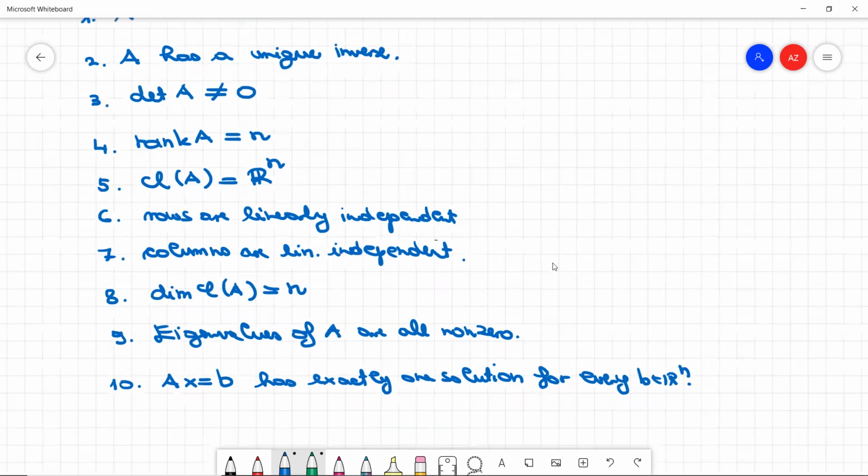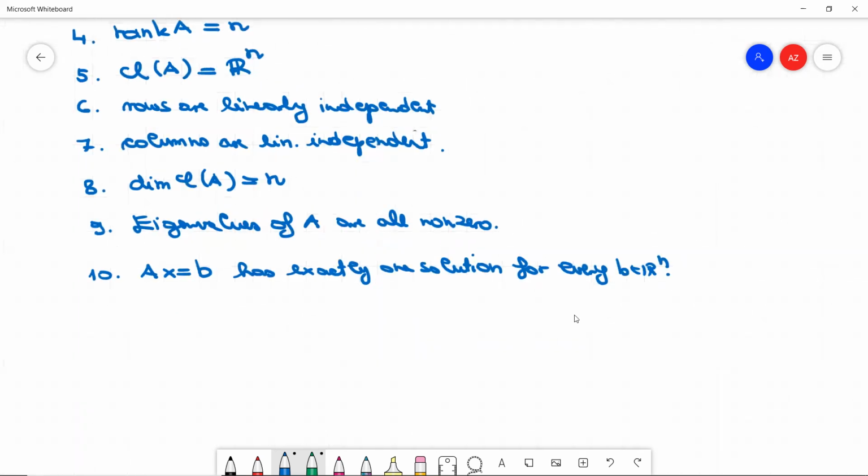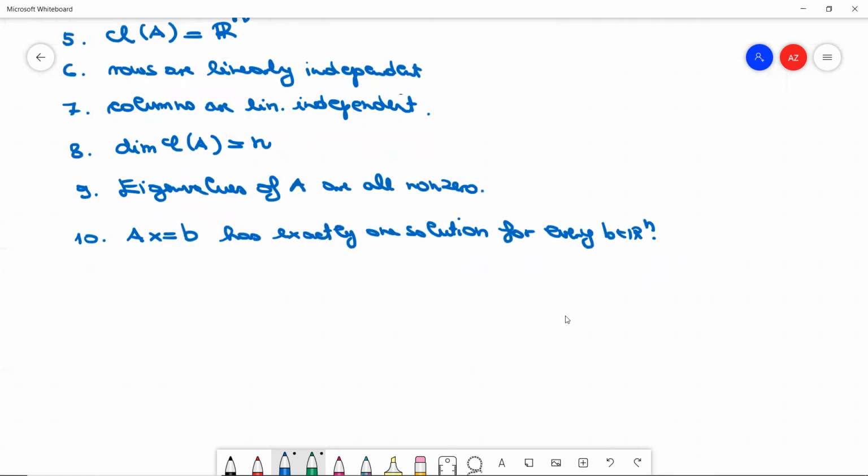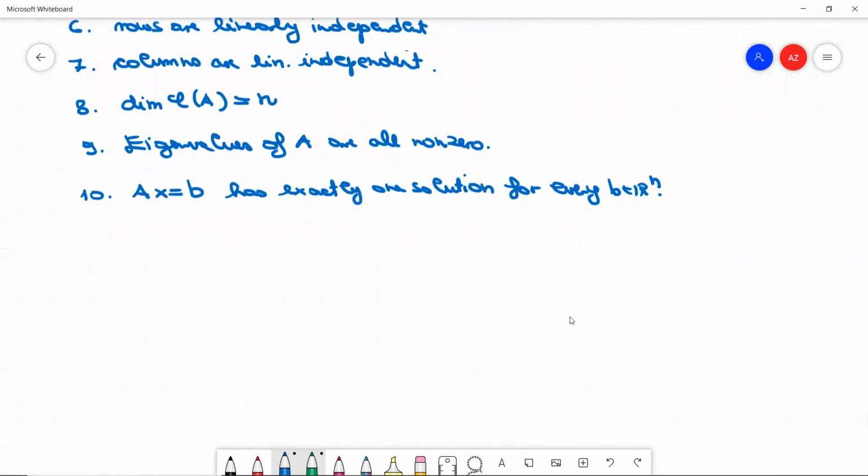So just to make you a little bit curious, I will here write what would be the definition of the generalized inverse.